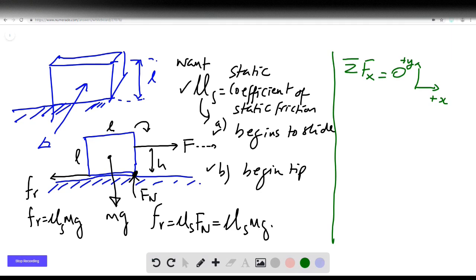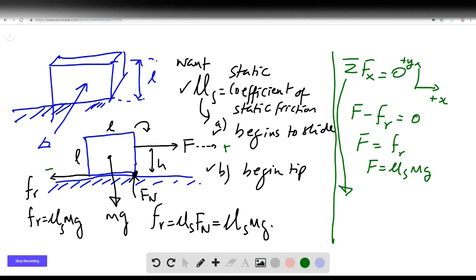So F minus the friction is 0, because the F force is in the positive direction and the friction is in the negative direction. That means the pulling force is equivalent to the friction, mu s mg.